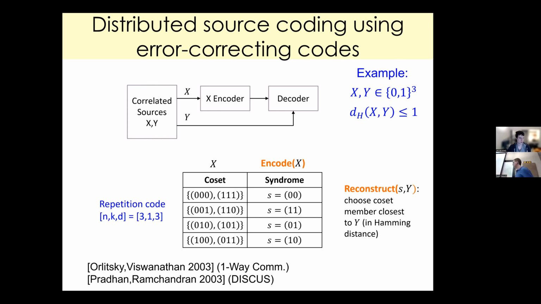The specific task, which we call reconstruction, is to use S together with the reference Y at the decoder to get back X. And what we do is use a decoder very similar to channel decoding, basically to search for a word in the coset S that is close to Y. It's very similar to error decoding in channel coding, only that instead of using coset 0, we look for words in coset S. Okay, is that clear? That's kind of a common scheme.